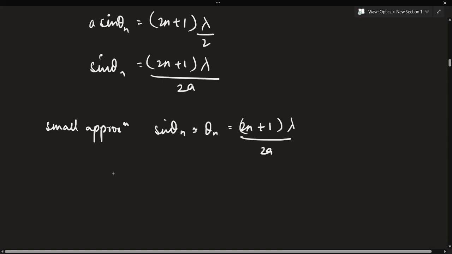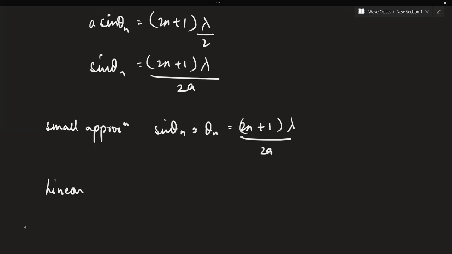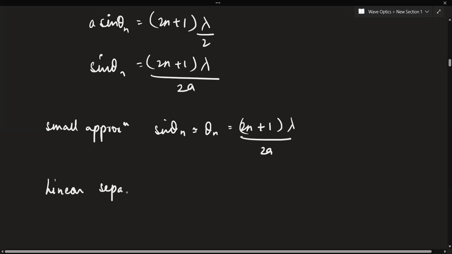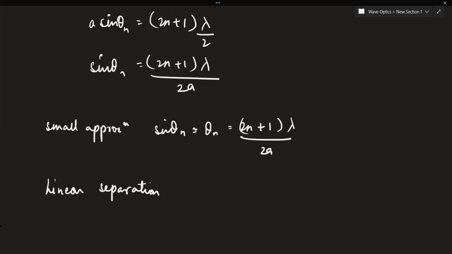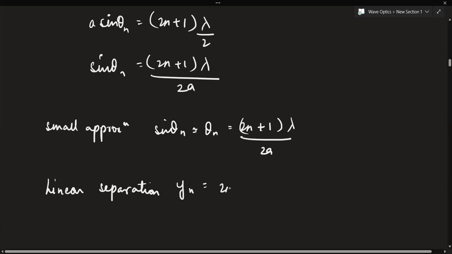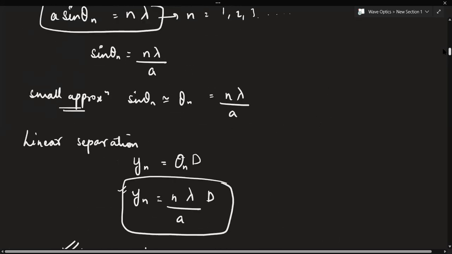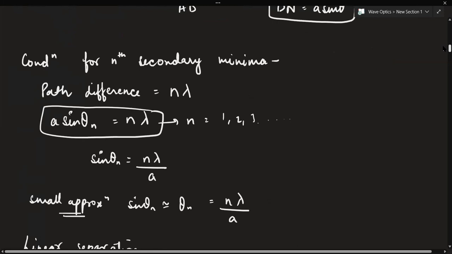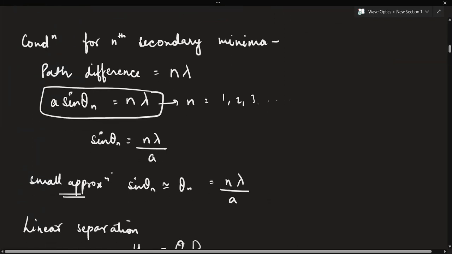And again, for the linear separation, yn will be equal to 2n plus 1 lambda by 2a multiplied by d. So it would be just similar to the minima. Just note it down for the minima and maxima.